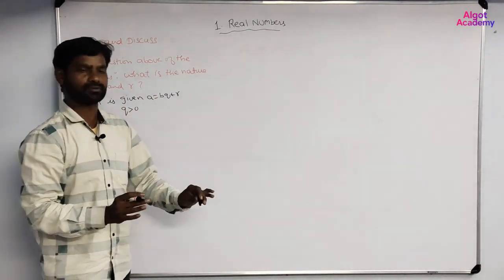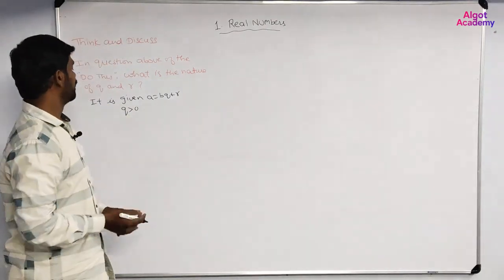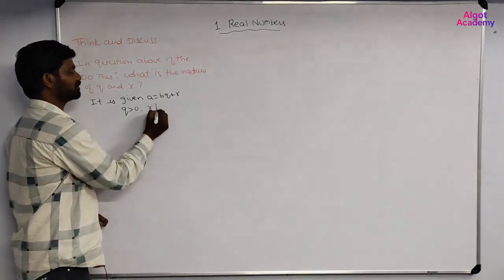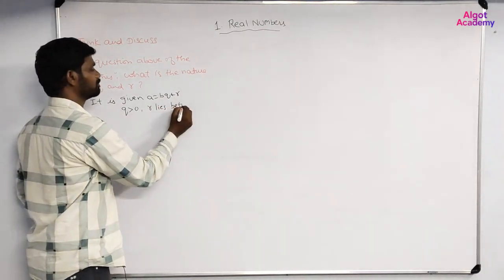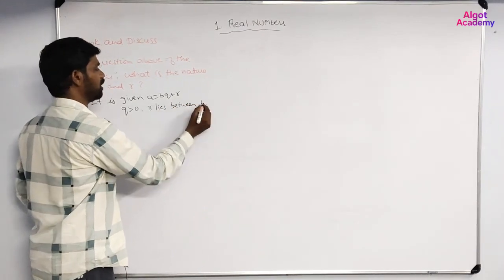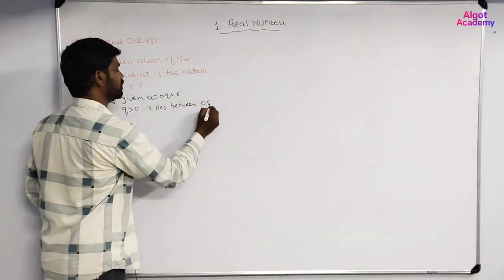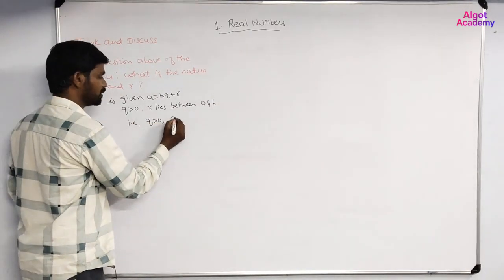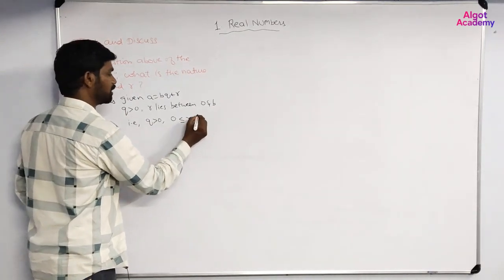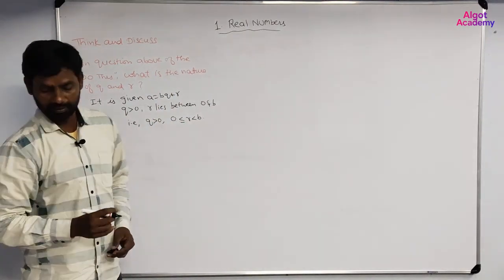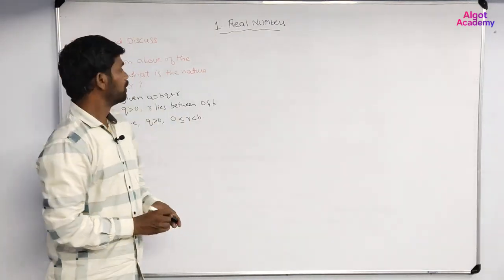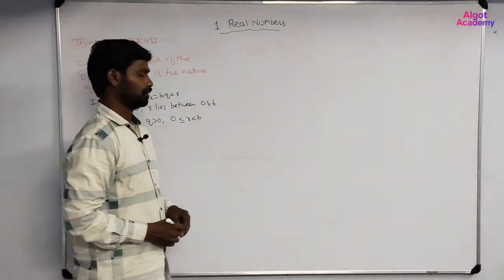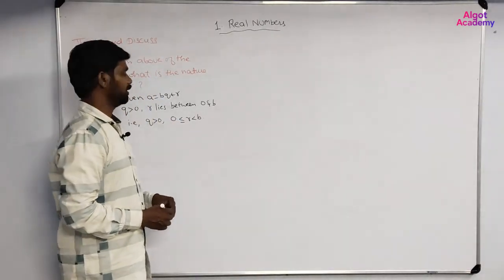Always in all the answers we got Q is greater than 0, that is positive, and R lies between 0 and B. That is, we can write Q is greater than 0, 0 less than or equal to R less than B. So this is the nature of Q and R: Q is positive and R lies in between 0 and B.